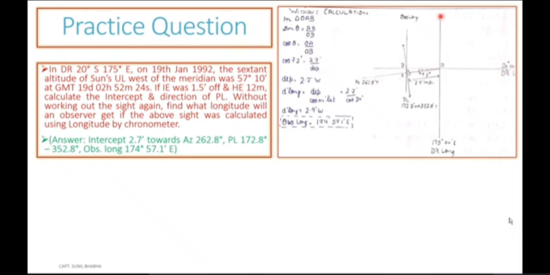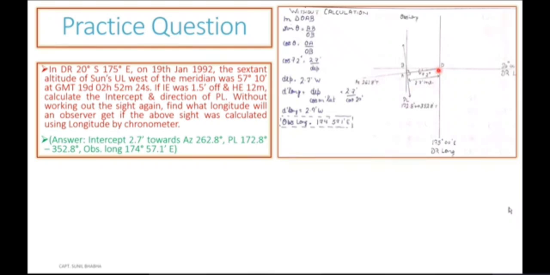We have the DR longitude, which is 175 degrees east. And we apply the azimuth which we have obtained. The azimuth obtained is 262.8 degrees. And we also apply the intercept which we calculated. Intercept calculated was 2.7 minutes towards.